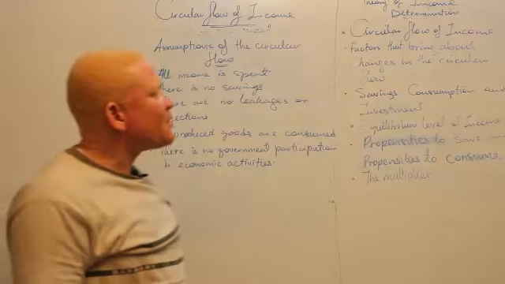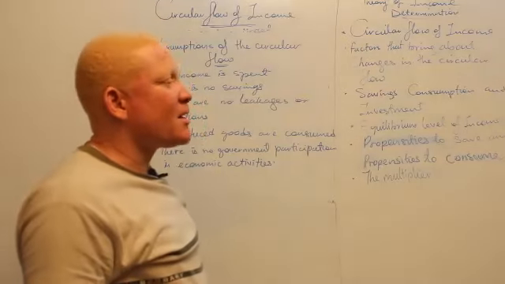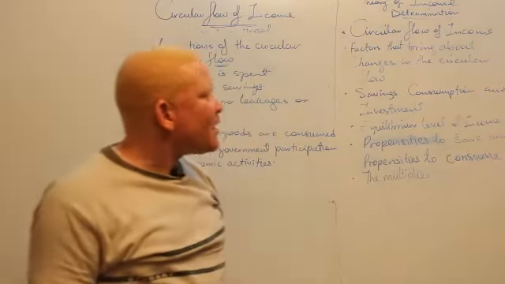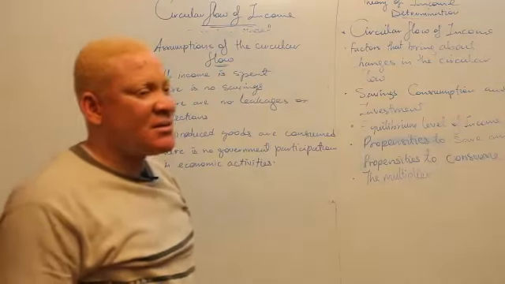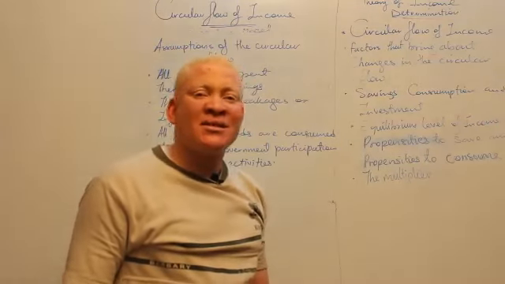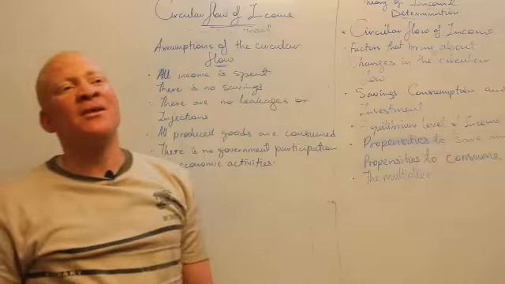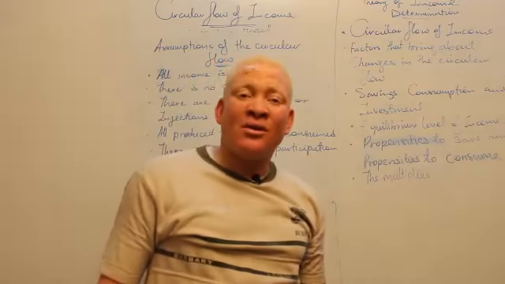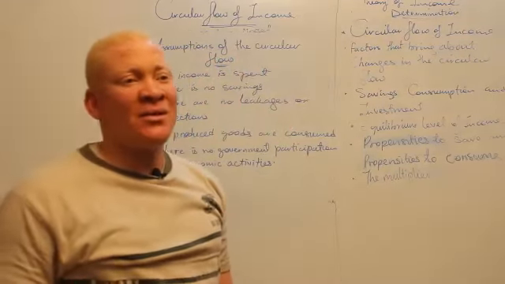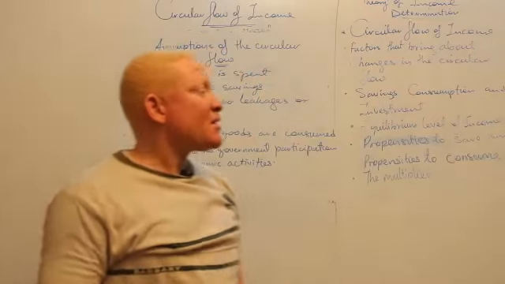Now, the next point of call is we are going to look at and examine the factors that lead to changes in the circular flow. That means things that could actually lead to expansion or contraction of the income level in the circular flow of income.